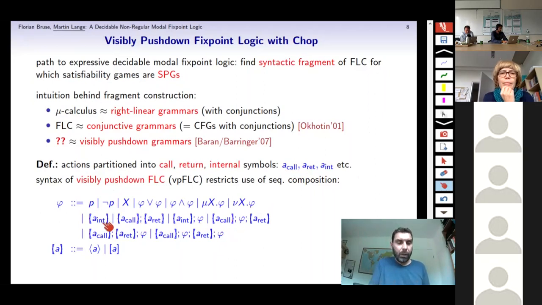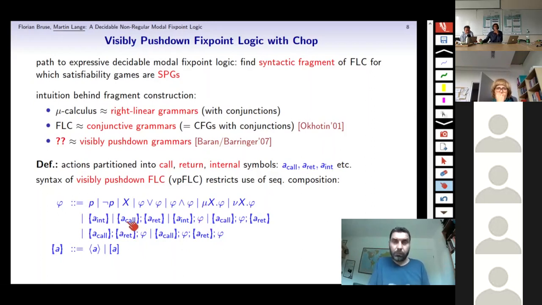For instance, if I use a modal operator with an internal symbol, then I can compose this to the right with an arbitrary formula from this fragment again, or just leave it out, or just continue with another formula.